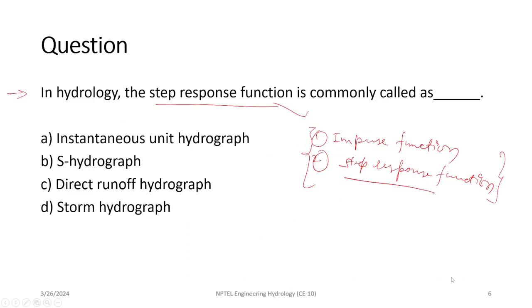Good. Yes. If anyone can answer that: in the previous discussion we noticed one problem which defined the relation between these two functions, that is the impulse function as well as the step response function. And you may also know that while deriving the step response function we were using the convolution principle.